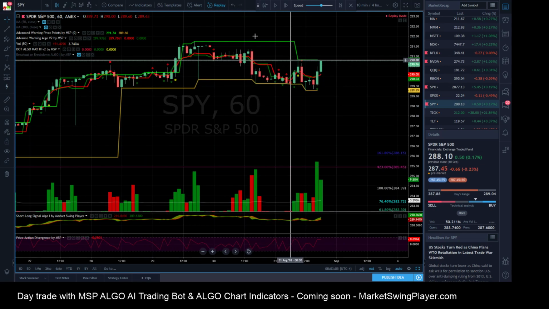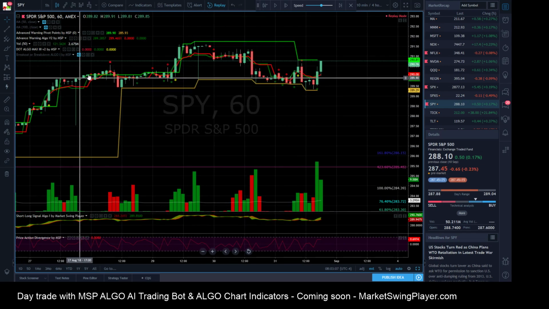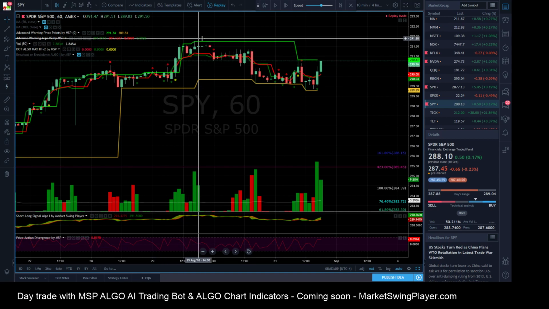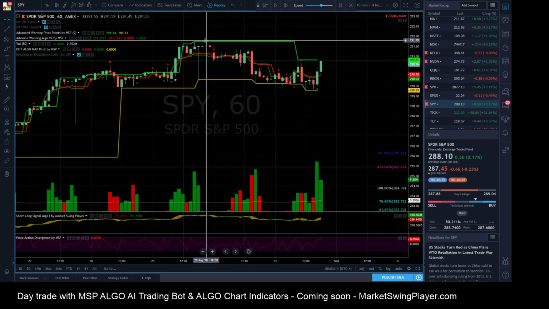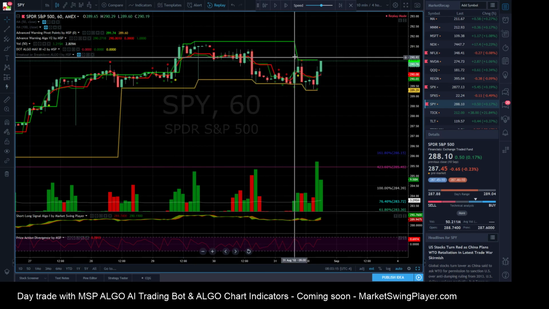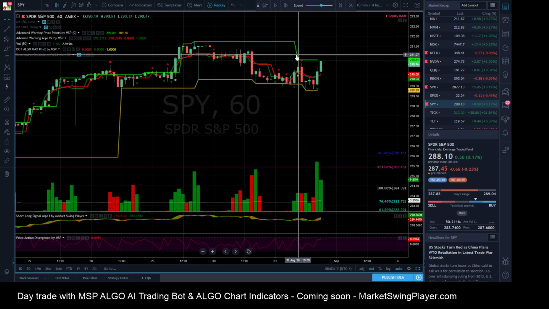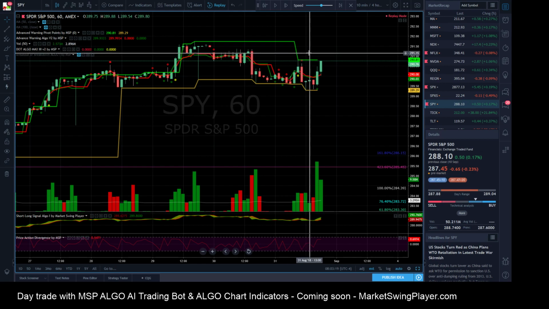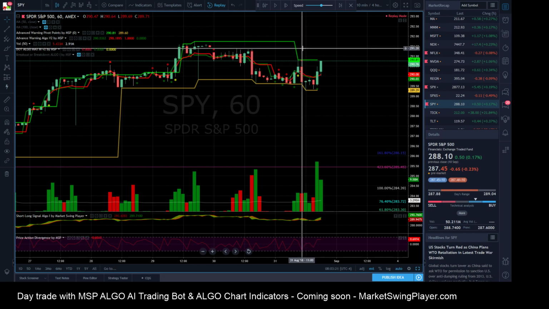We can see price was on a roll. It kind of peaked out here and pulled back, and as that process was going on, MSP pivot algo lime green tagged price. So we know that means it's going to pull back.